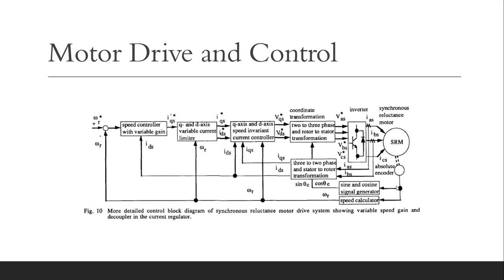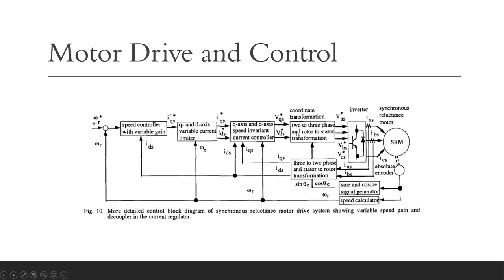Okay, so finally we take a look at the control block diagram of a synchronous reluctance motor. The first one is the synchronous reluctance motor block, and the second one is the inverter block.